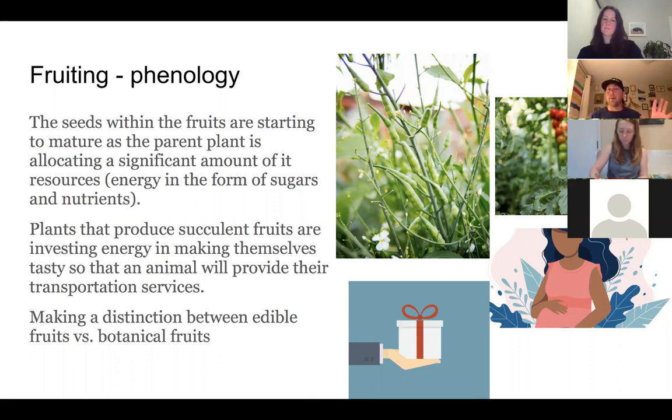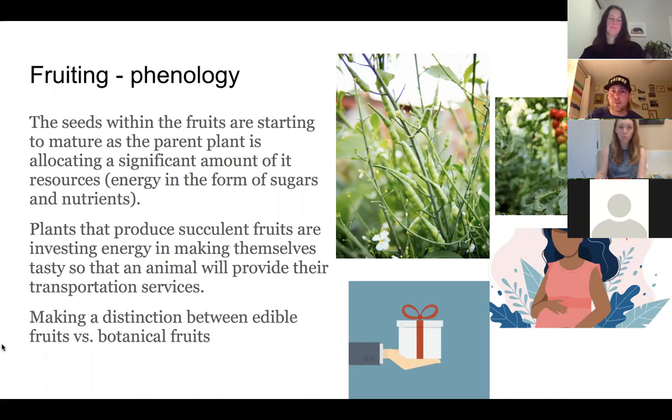A bean pod as it dries is botanically still a fruit. Anything that has the seeds encased within it, I'm talking about fruits in a broad botanical way, not just what you would find in the supermarket. So this one isn't complicated.